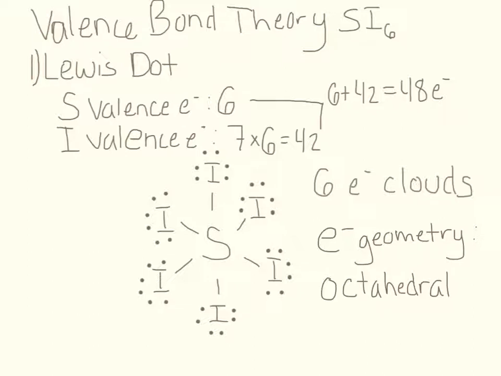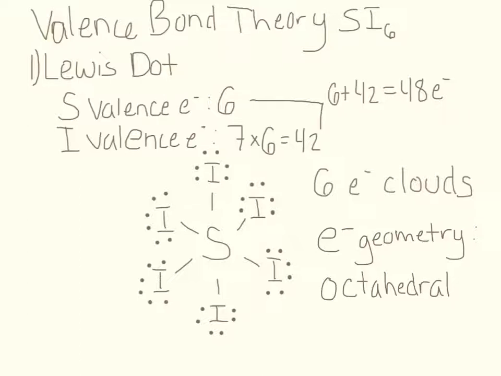Now that we have the Lewis dot structure drawn, we can now determine the electron geometry of this molecule, which in turn helps us determine the molecular geometry of this molecule, and which in turn will help us determine the VSEPR of this molecule.